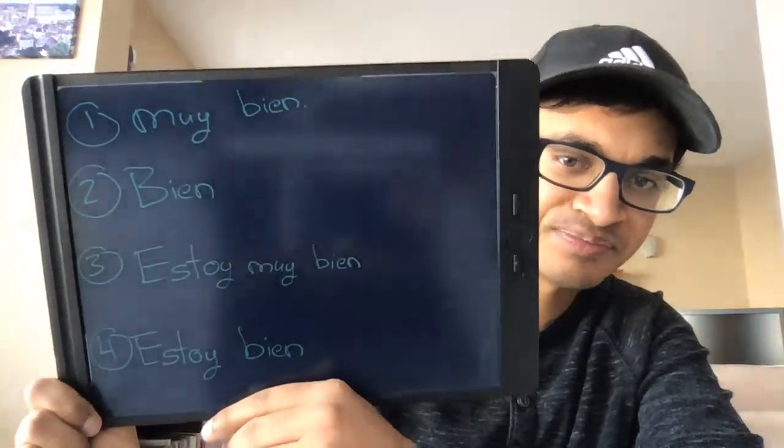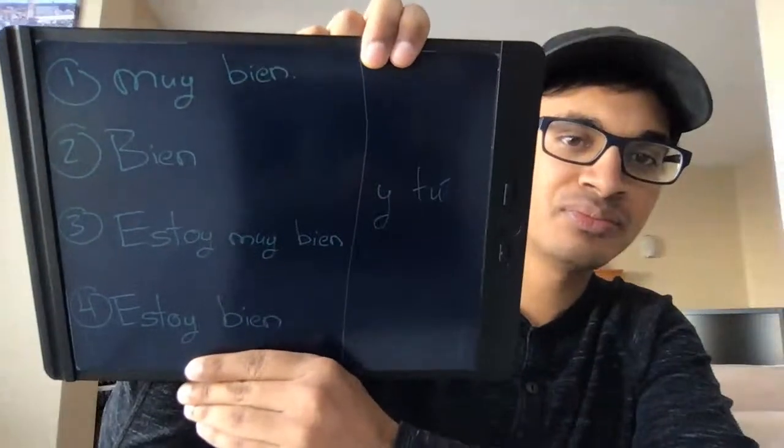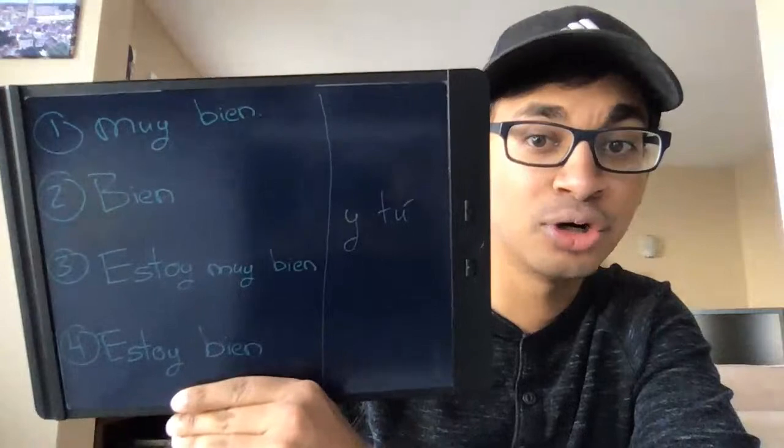All right? Now, in English, when someone asks you, hey, how's it going, or hey, how are you, you don't just say, oh, I'm good, and stop. You normally say, I'm good, and you? How do you say that in Spanish? Well, we say, ¿y tú? Y means and, tú means you. So I might say, hola, ¿cómo estás?